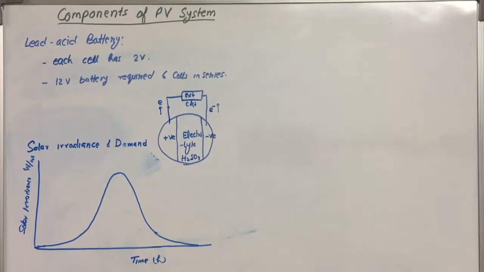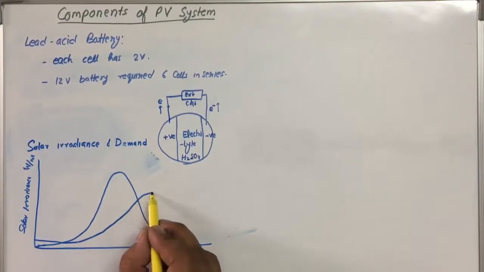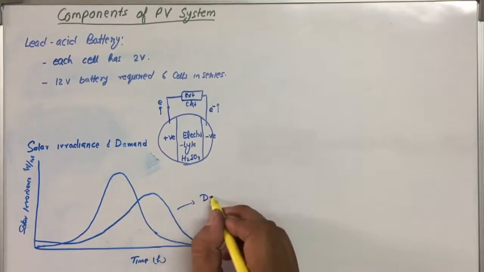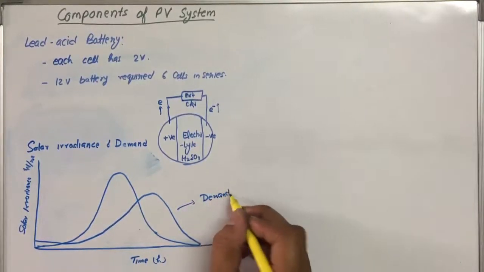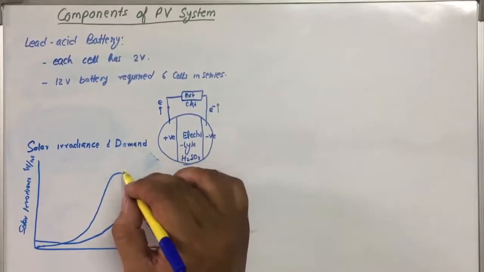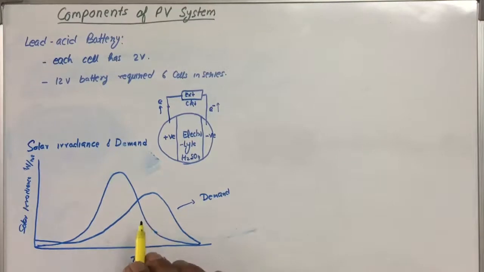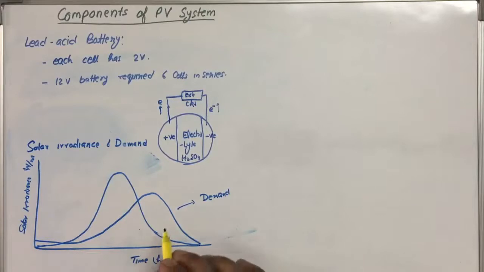and at the same time if we have the demand characteristics, somewhat like this, this is the load demand, and this is the irradiation power. In this case, if we do not have any storage system, then the system is not capable of powering the load.